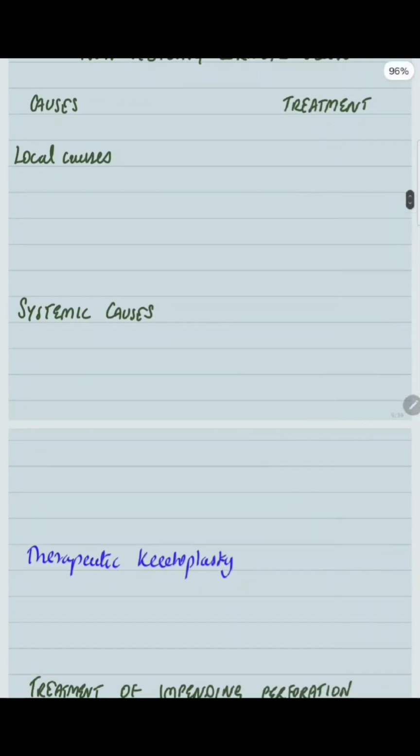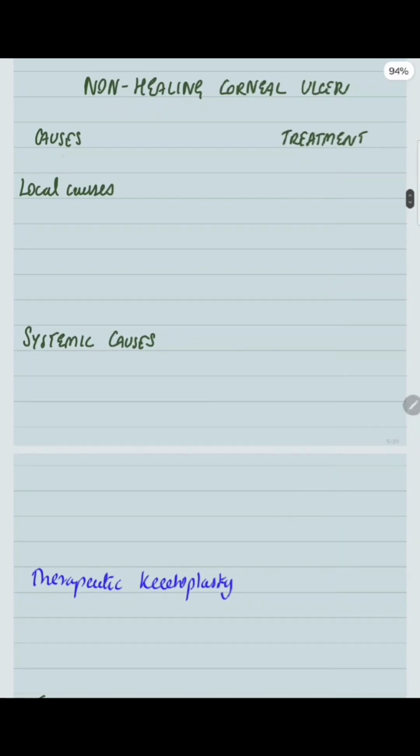For non-healing corneal ulcer, there can be a lot of causes. Local causes can be increased IOP, concretions, misdirected cilia, dacryocystitis, lagophthalmos, and vascularization.